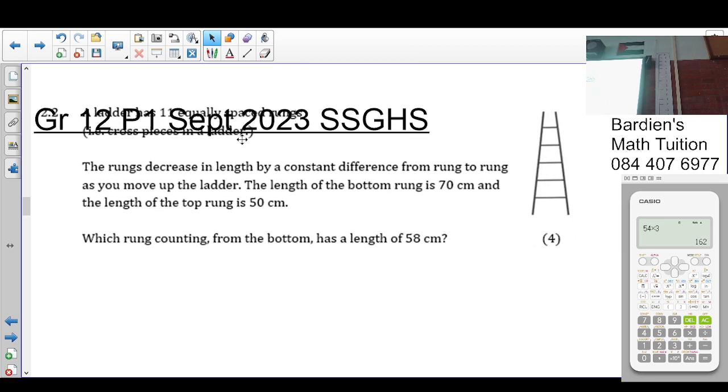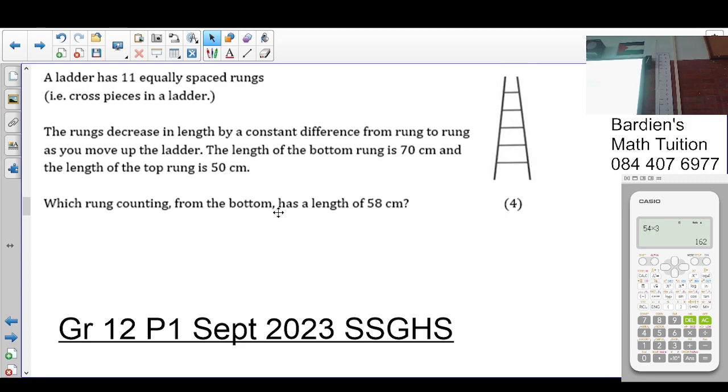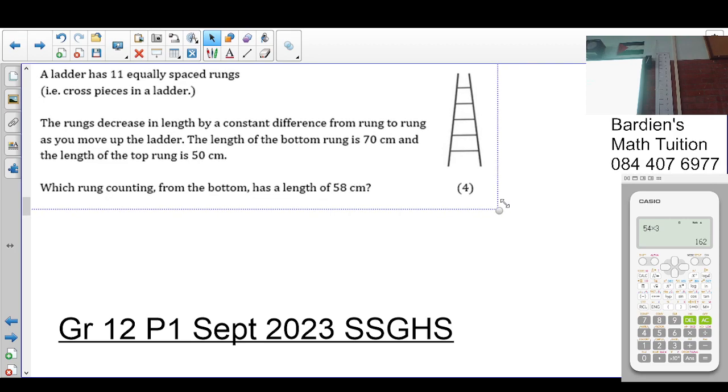The next question is 2.2. We are told that the ladder has 11 equal rungs. So what is a rung? The cross piece in the ladder. As you can see, these are considered the rungs.